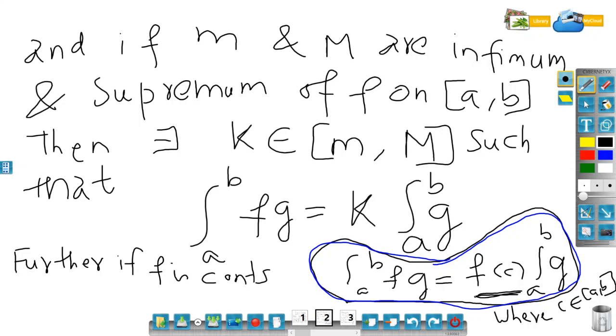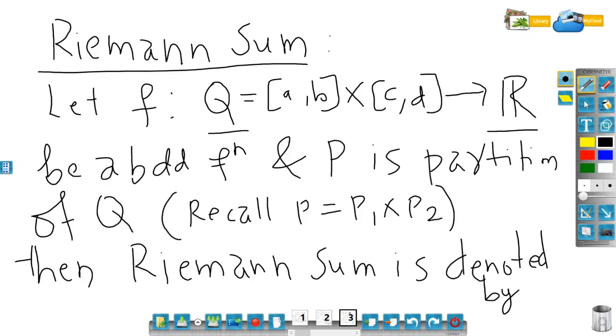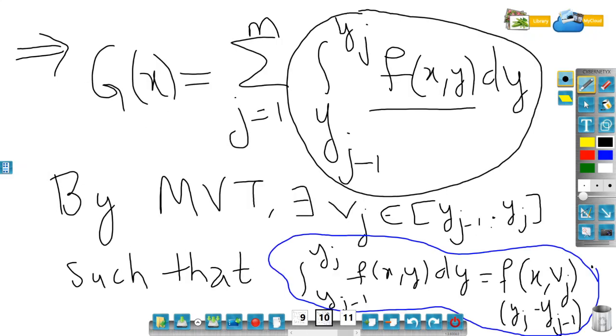Where does c belong? C here was in a to b, now our vj belongs to yj minus 1 comma yj, and g is 1, so it is b minus a there. In our function it was very clear we had taken g as 1, so if I compare this with that form, you can easily generalize this.